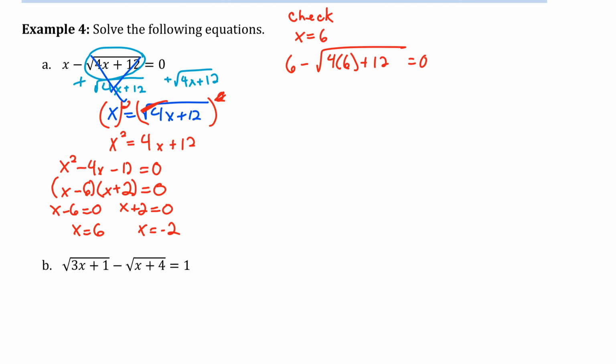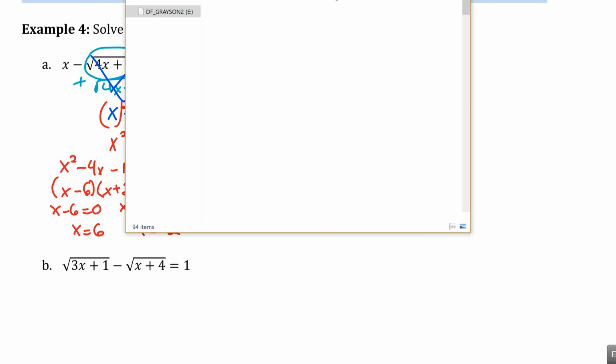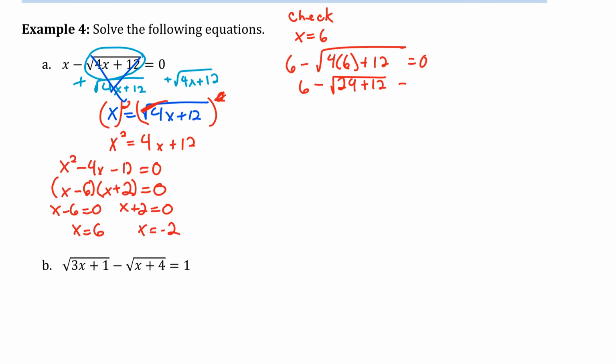So 4 times 6 is 24 plus 12. I'm going to take the square root of that answer. 24 plus 12 gives me 36. Well, the square root of 36 is 6. 6 minus 6 is 0. So x equals 6 is an answer.